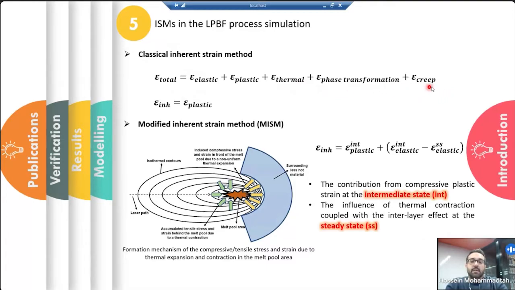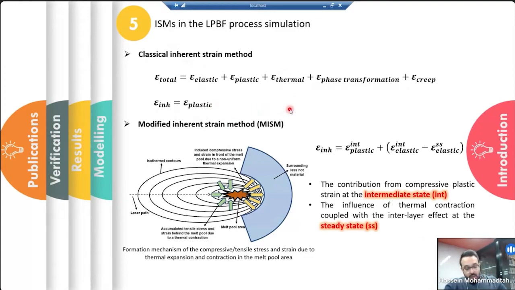Since the phase transformation and creep strains are very small, with infinitesimal values, and at the final cooled stage the thermal strain vanishes and all the elastic strain is released, the final inherent strain value will be equal to the plastic strain.